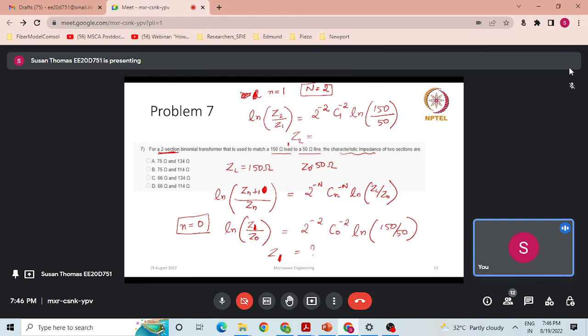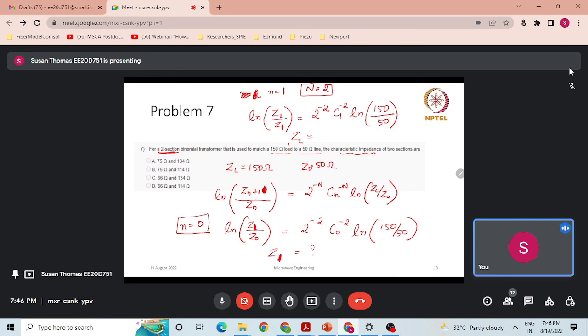And if you notice, there is something to be highlighted here. Based on the impedance of the first section, Z1 is being calculated and substituted here. Once you find the first section's impedance, that is the impedance coming here.